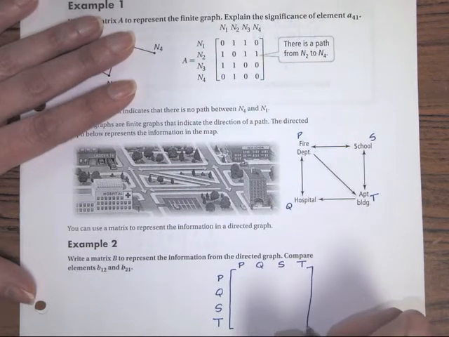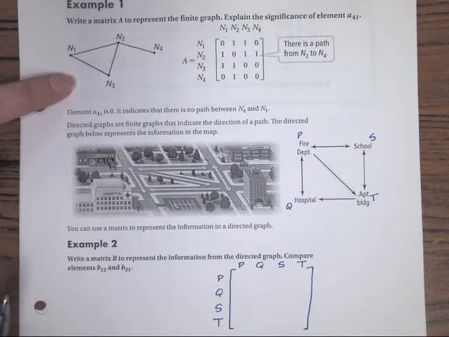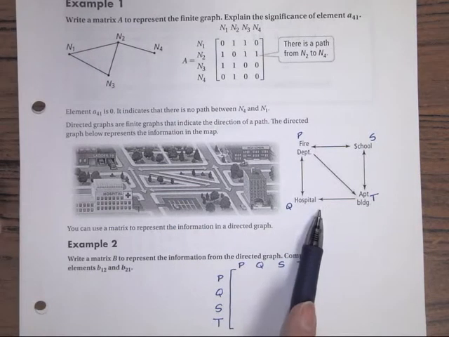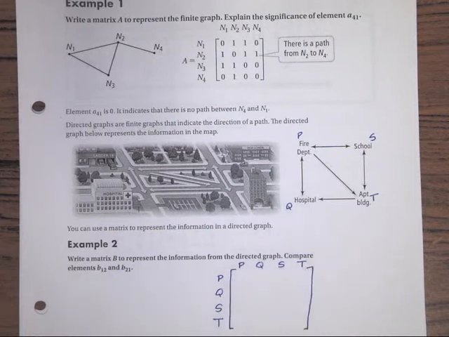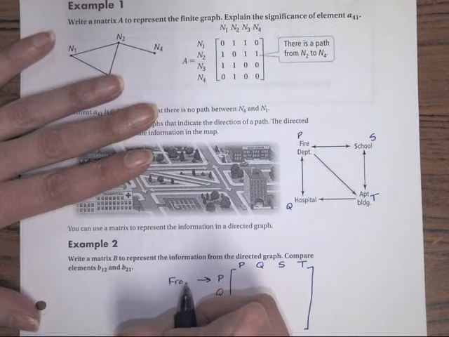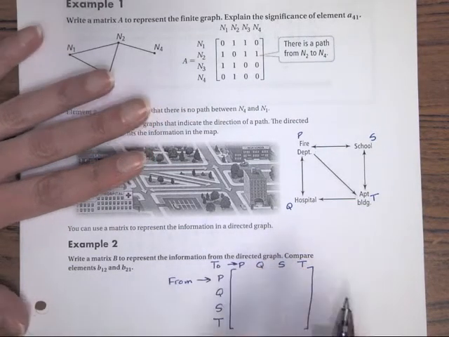Now, there's something that's different about this one. Do you see how this one had arrows and the one up here didn't have arrows? This is not directed, this is directed. So when you put your zeros and your ones, this right here is the from, and up here is the to.